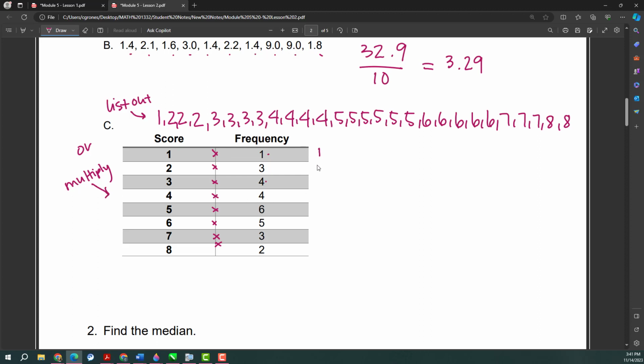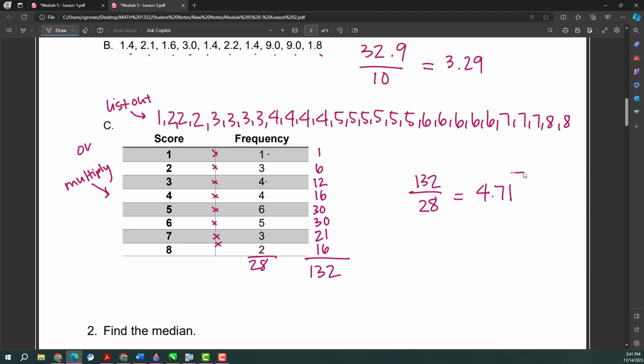So 1 times 1, 2 times 3 is 6, 3 times 4 is 12, 4 times 4 is 16, 5 times 6 is 30, 6 times 5 is 30, 7 times 3 is 21, and then 8 times 2 is 16, and you would add all those up, and you should get 132, and you would divide that by the number of items, which is 28.